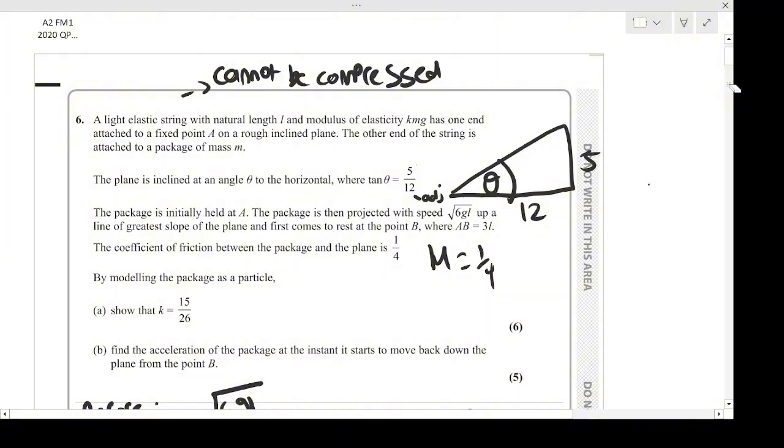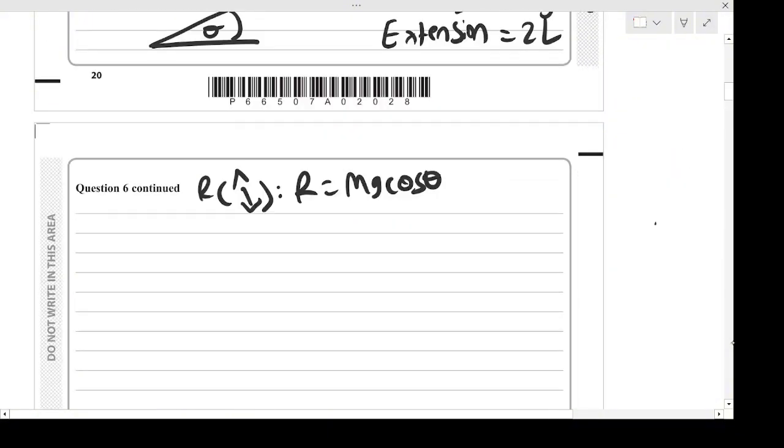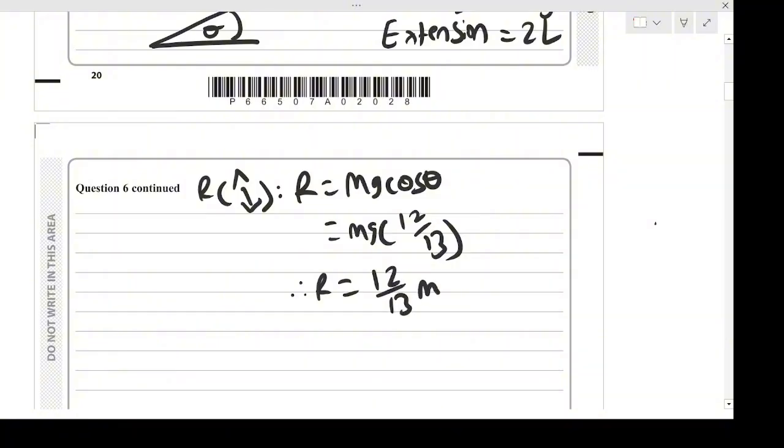By Pythagoras, 12 squared plus 5 squared is 169, so the hypotenuse is 13 when we root that. So sin theta is opposite over hypotenuse, 5/13, and cos, which is what we want, is adjacent over hypotenuse. So cos theta is 12/13, and I can sub that in. Therefore my reaction force is just 12/13 mg.